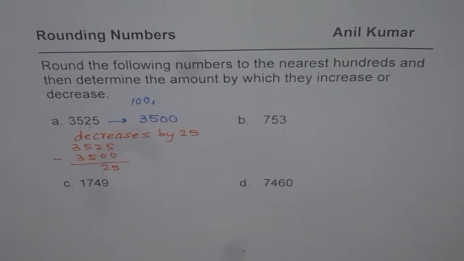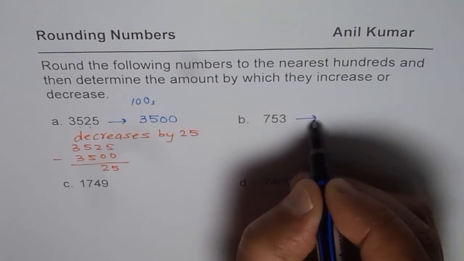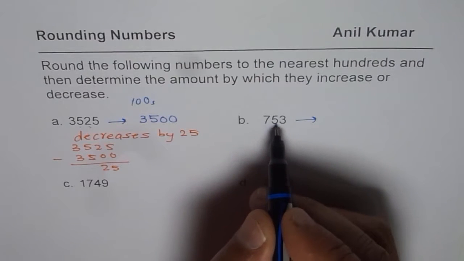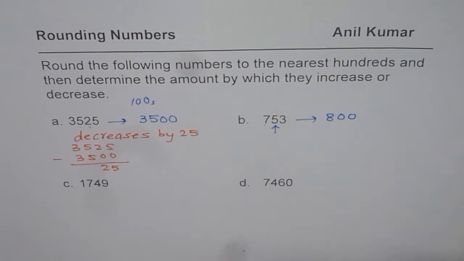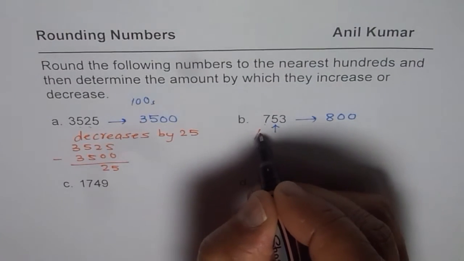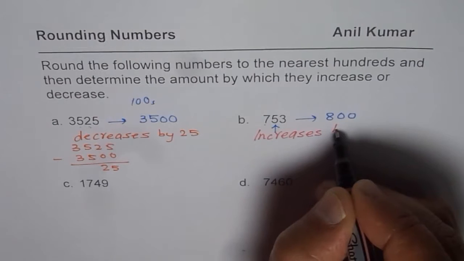Let's do the next one. We are rounding 753 to the nearest hundreds. Now the number in the tens place is 5 or more, so make it higher, it becomes 800. Since we made it higher, we know in this case after rounding the number increases, right? So the number increases by how much?